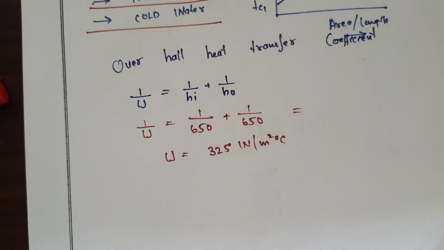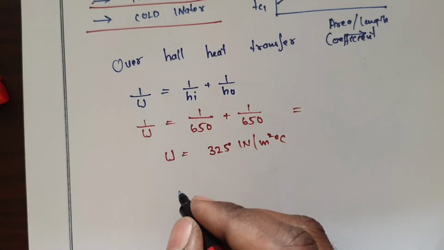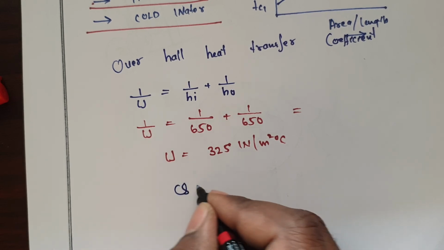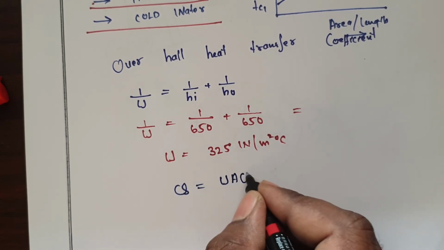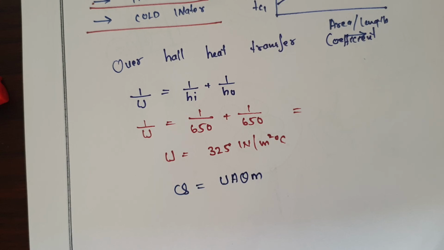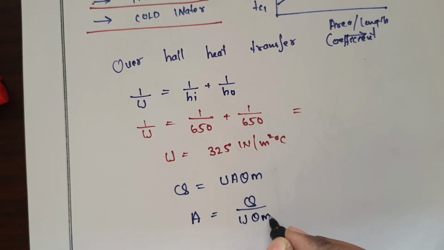After getting this value, what is the final formula you have to use? Q is equal to UA into theta m. In this formula, you have to separate the area. Area is equal to Q by U into theta m.